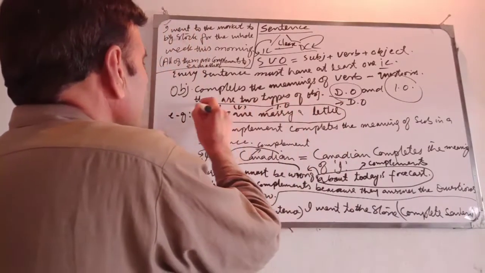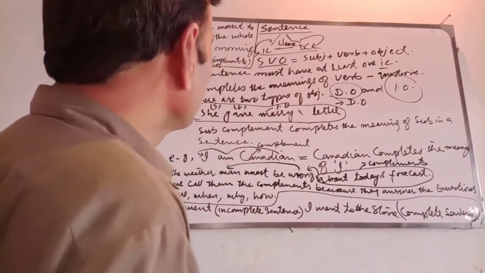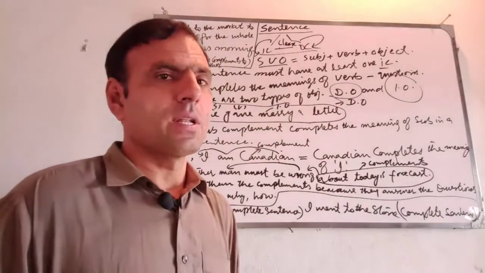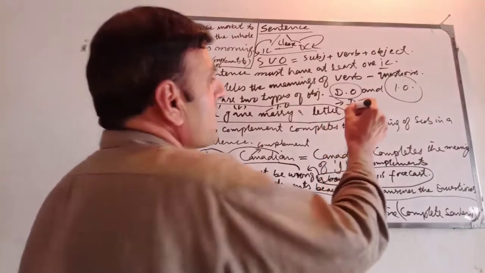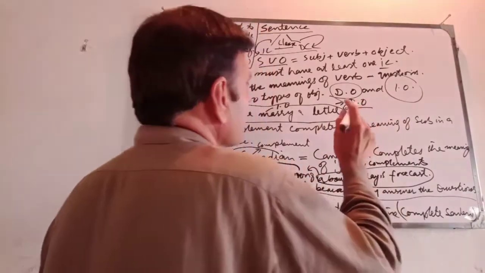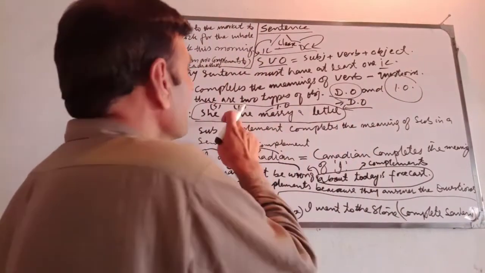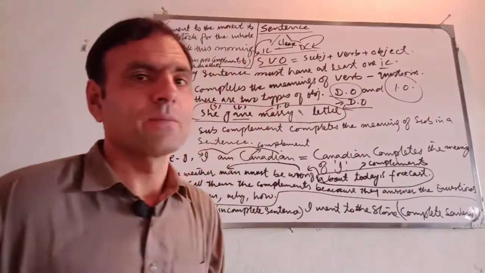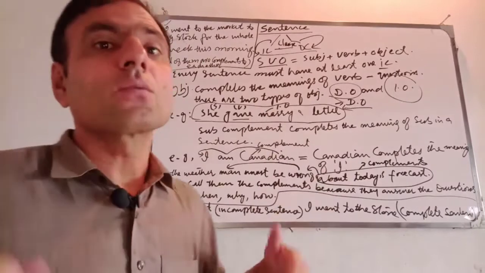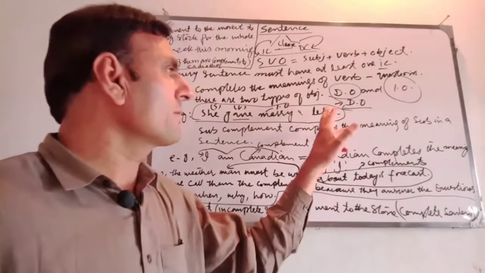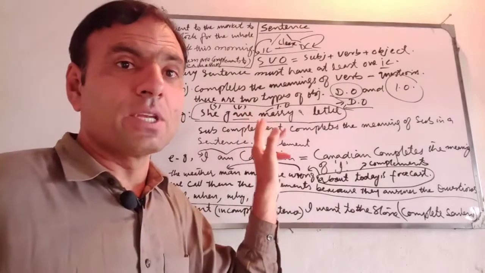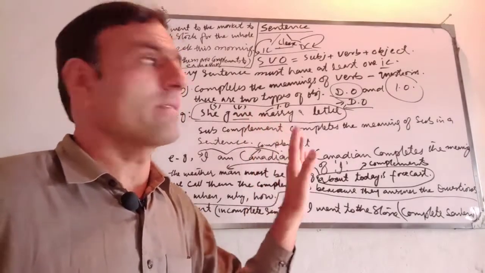She gave Mary a letter. Letter is the direct object because it's telling about the verb. The verb is gave. She gave. What did she give to Mary? She gave a letter. The main purpose and the meaning of the verb gave is being made clear by letter.